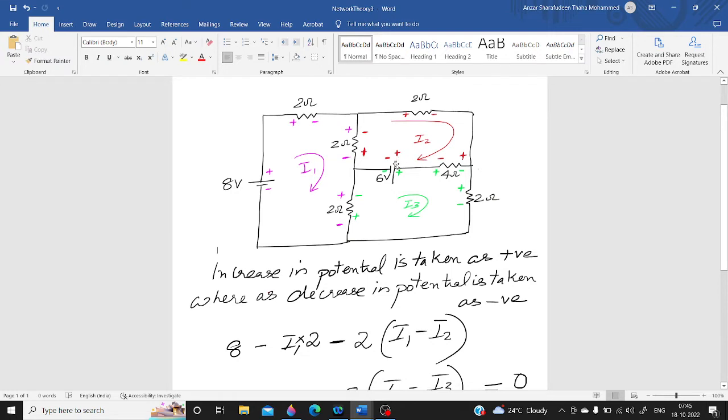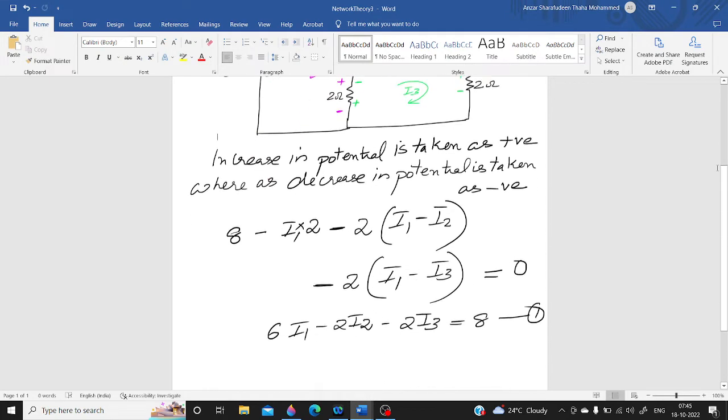And here there is a battery. The battery is positive here and negative here. So along the direction of current there is a decrease in potential. And in the 2 ohm resistor, along the direction of I2, here there is a decrease in potential. So I have marked plus and minus here.